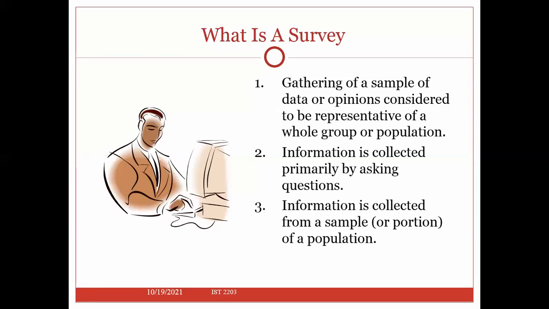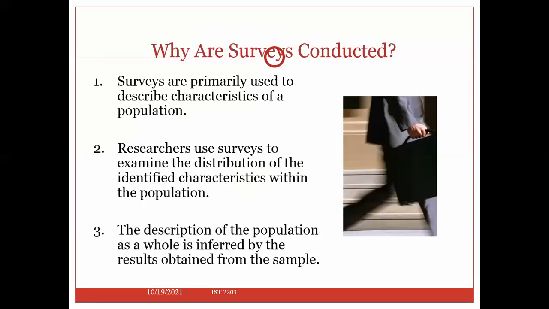Yes, from the sample. And why do we conduct surveys? To describe characteristics of a population. You want to know in Uganda, how rich or how poor are people? How many earn this and how many earn this range?